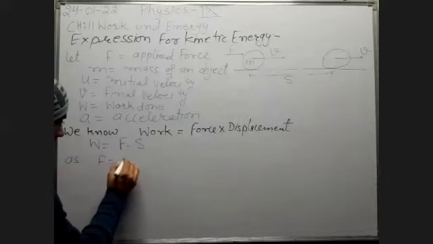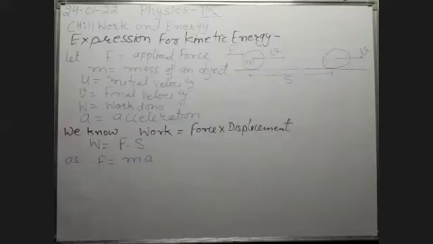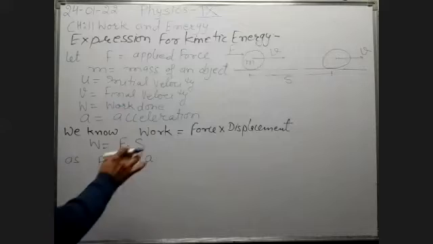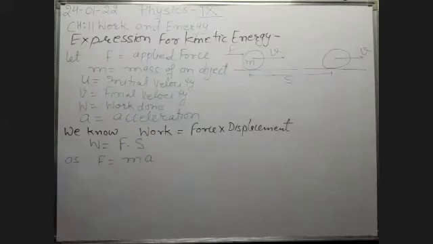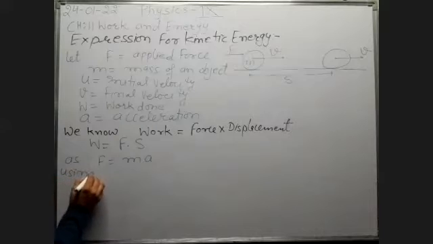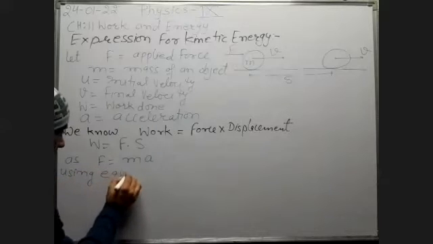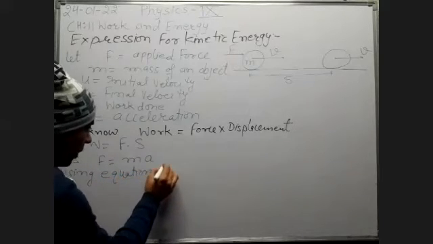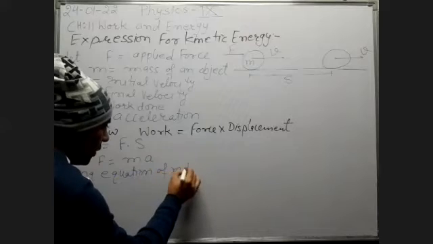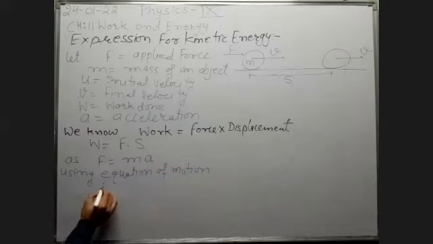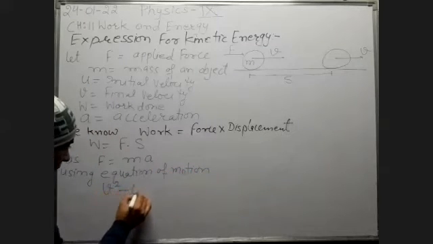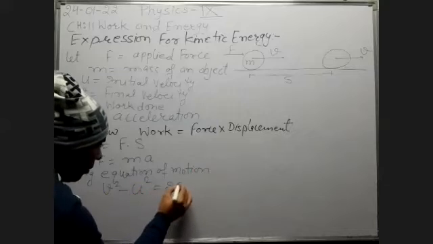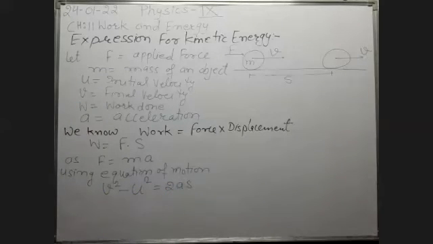As we know, what is force? Mass into acceleration. And using the equation of motion, we can also calculate this displacement. Using the equation of motion, v square minus u square is equal to 2as.